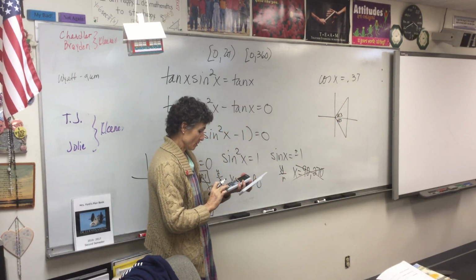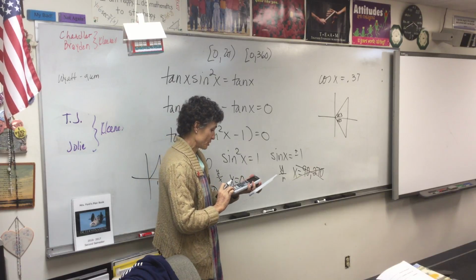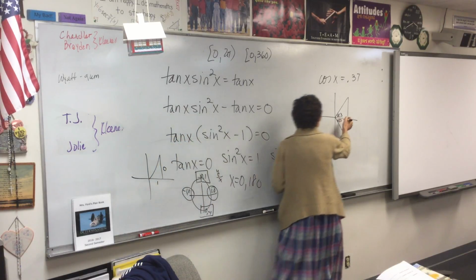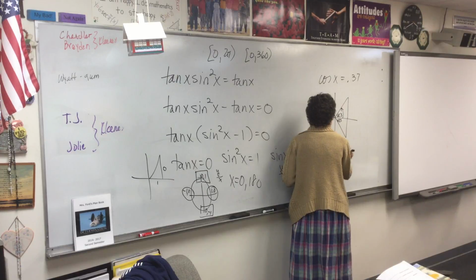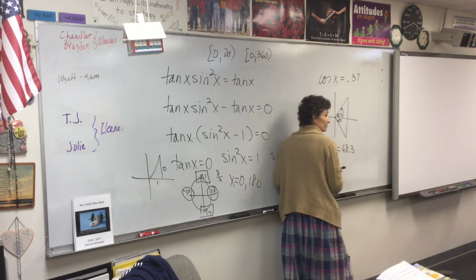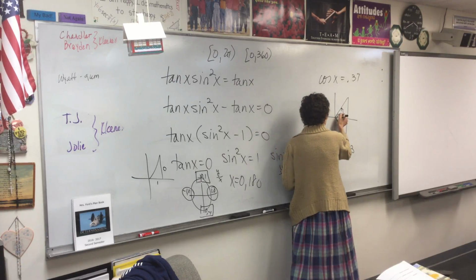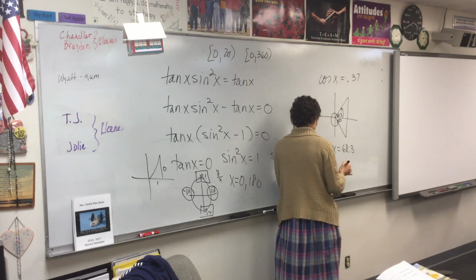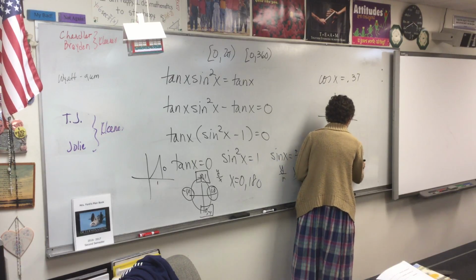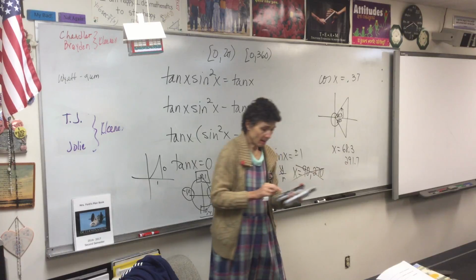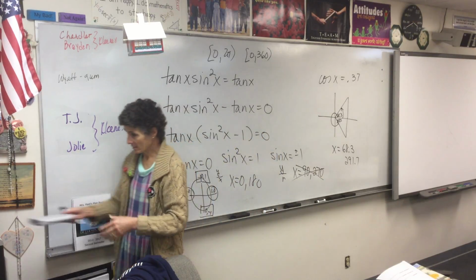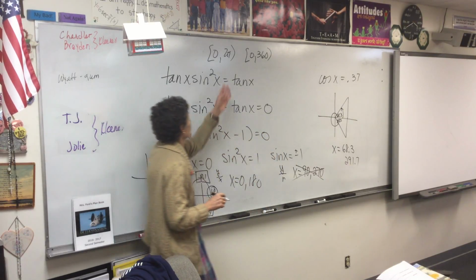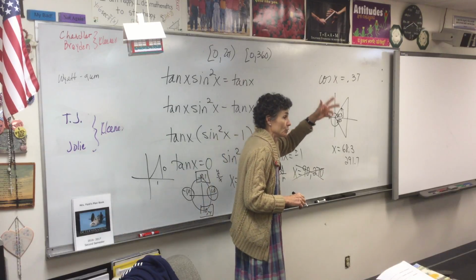So what are the two answers to the problem then? One of them is 68.3. What's the other one? 291.7. Now, when we solve equations, the directions are going to look like this. They're going to be one revolution.